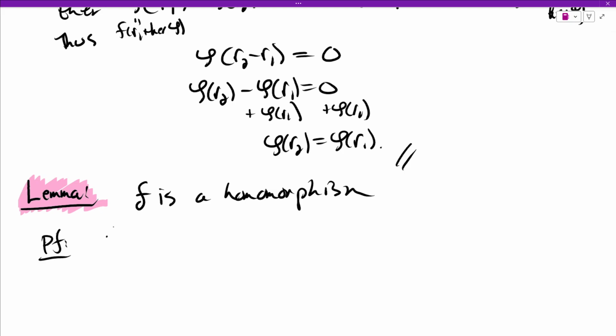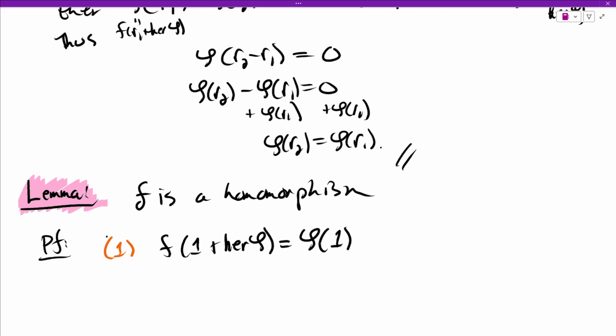Let's start with preserving unity. Maybe I'll put them in, maybe like orange. Let's go with preserving 1. F of 1, the 1 in R mod kernel is 1 plus kernel. I'm not going to subscript the 1. I'm just going to call it 1. That is by definition phi of 1. That's the definition of f.